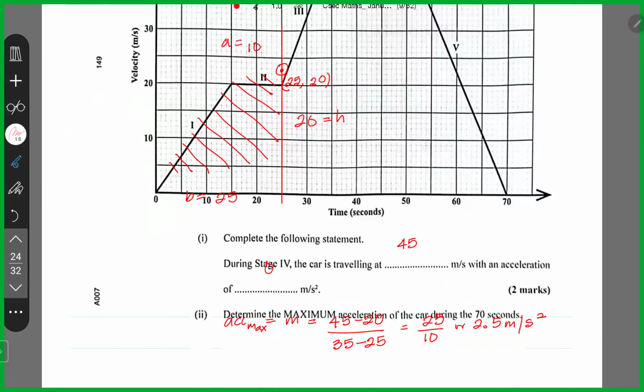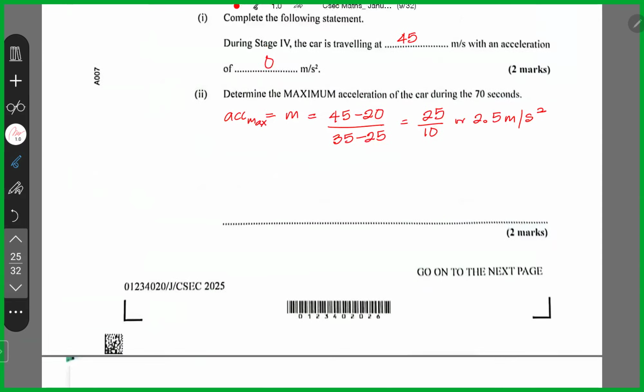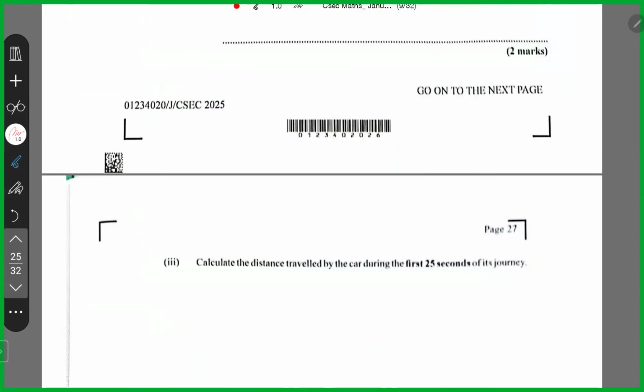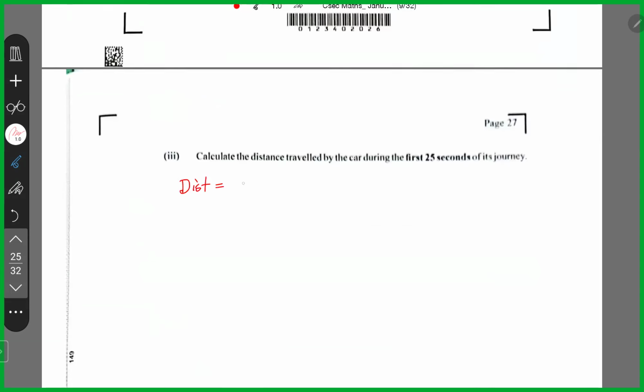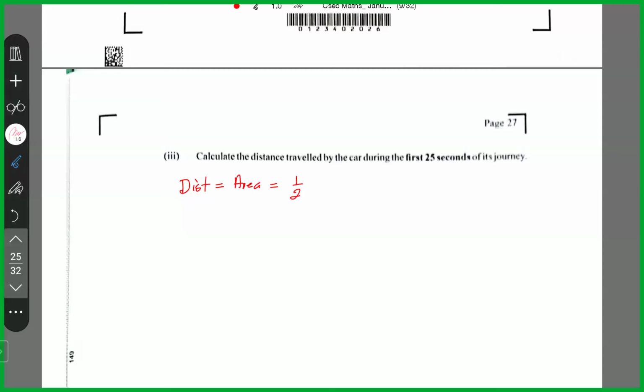So the distance is equal to area. The shape is a trapezium. So the formula for the area is a half A plus B times H. A and B are the lengths of the two parallel sides.